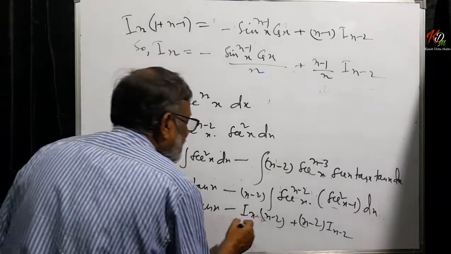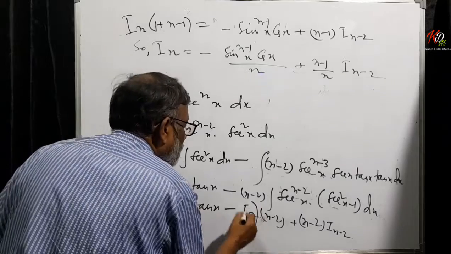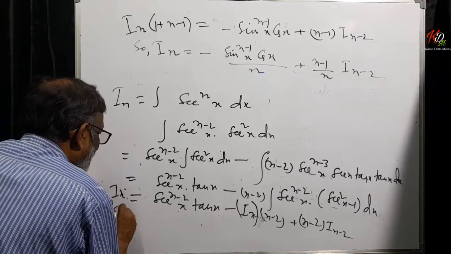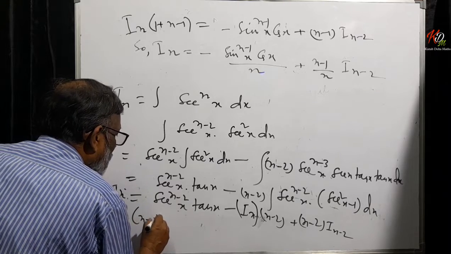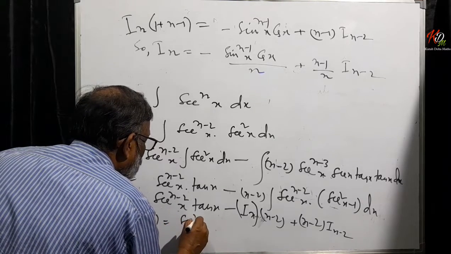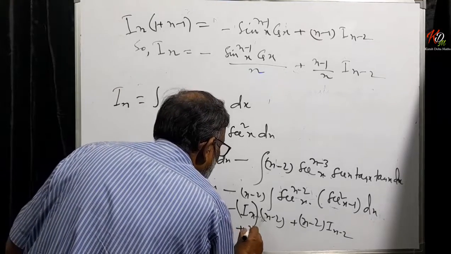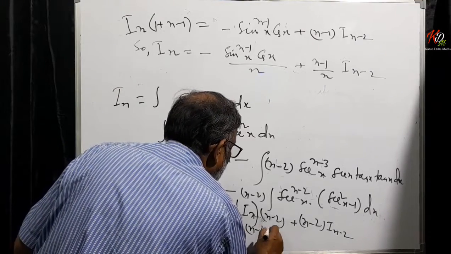So, I_n, n minus 1, equal to sec to the power n minus 2 x tan x plus n minus 2 I_n minus 2.